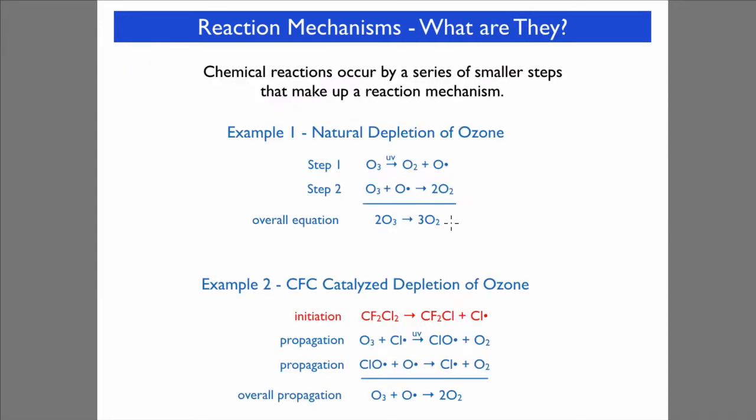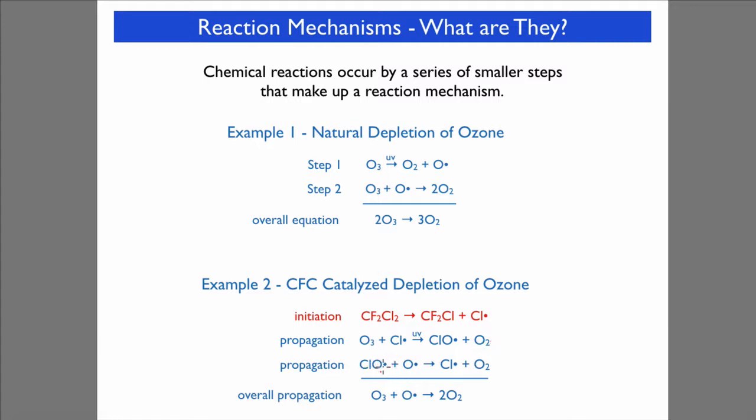In example 2, we've got CFC catalyzed depletion of ozone. We've got the initiation step, where you see dichlorodifluoromethane giving CF2Cl and the chlorine free radical. Ozone then reacts with the chlorine free radical in the presence of UV light to give this chlorine oxygen free radical and an oxygen molecule.